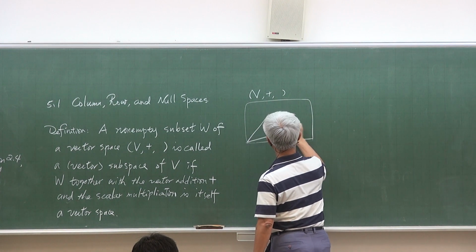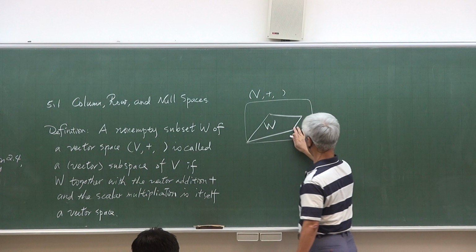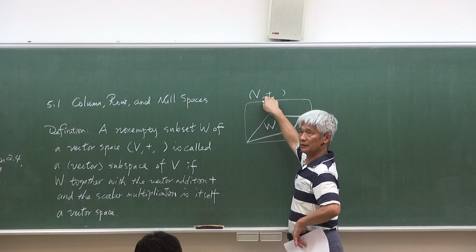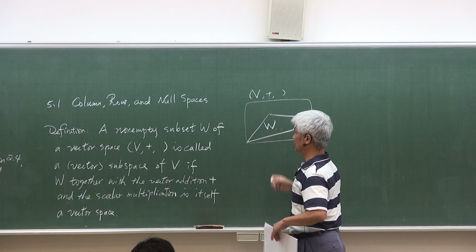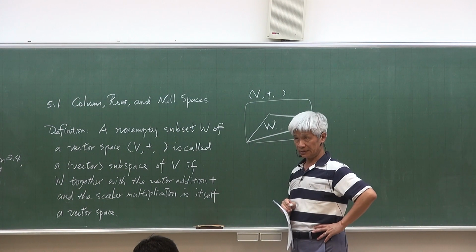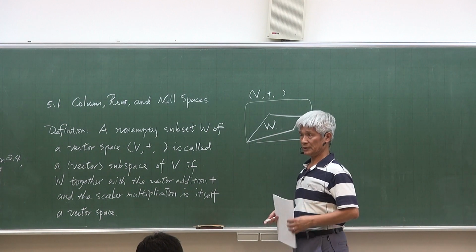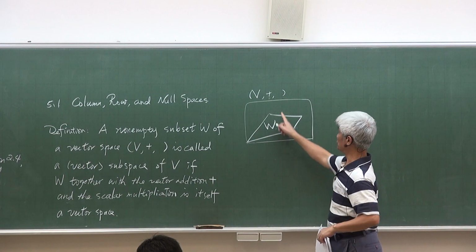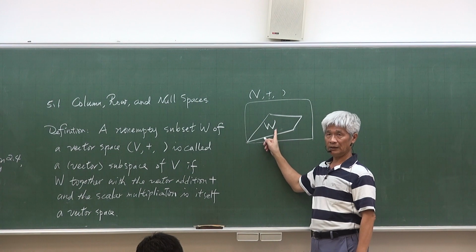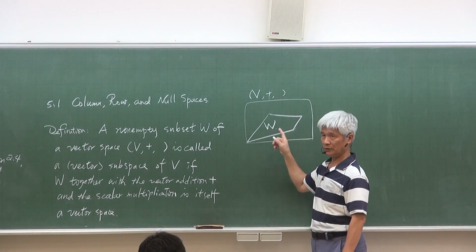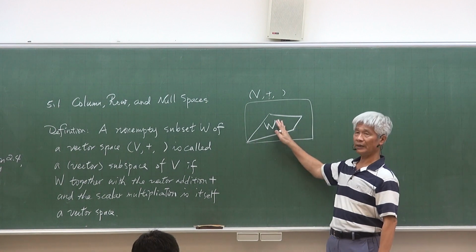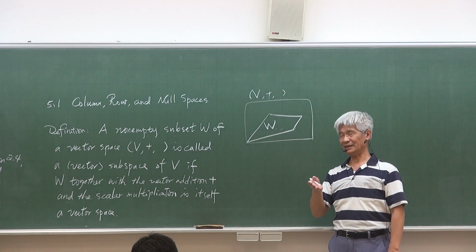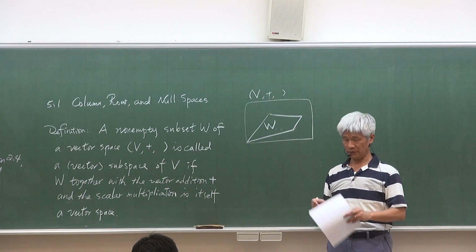Also we look at a subset W here, and we find that W together with the vector addition and scalar multiplication becomes a vector space itself, then W is called a vector subspace of capital V. So for example, the vector addition should be closed in W. Any two vectors in W after the addition should also be a vector in W. Also, any vector in W multiplied with a scalar should be a vector in W too. So you have to have a closure property.